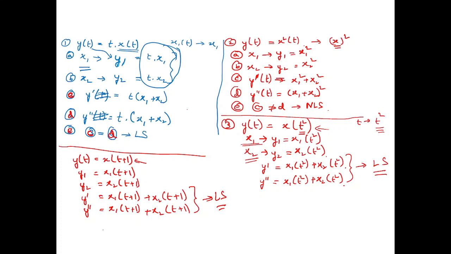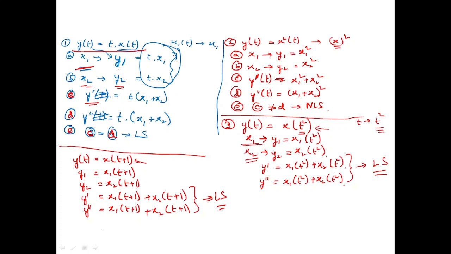Now let's take some examples. So over here we have y(t) equals t multiplied by x(t). So suppose when we have x1, we get y1 which is equal to t into x1. For x2 we get y2, t multiplied by x2. Okay, so y dash is given by t into (x1 plus x2).